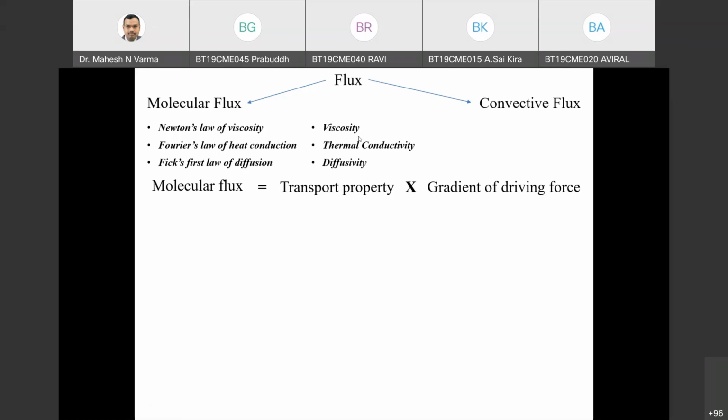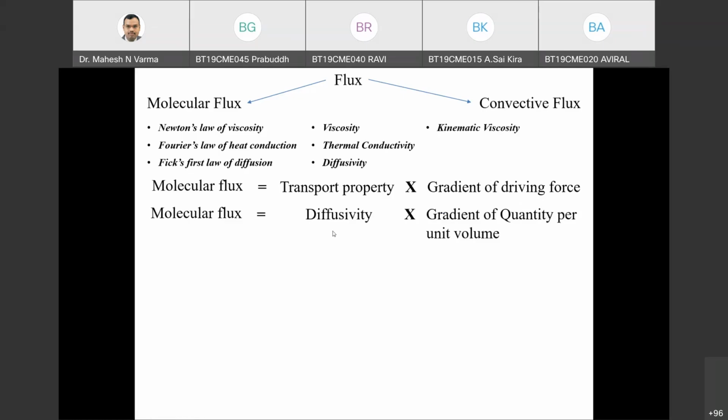Then we tried to bring these three equations closer, so that the gradient looks similar, a gradient of quantity per unit volume, and all these three transport properties are called diffusivities. So it will be momentum diffusivity (kinematic viscosity), thermal diffusivity, and mass diffusivity. This is what we discussed.